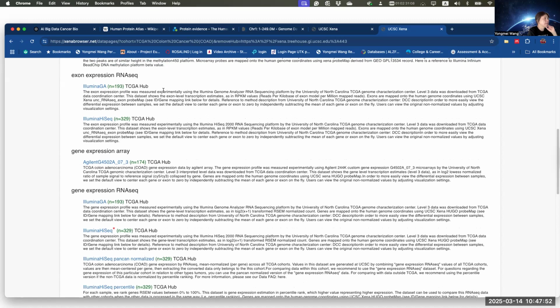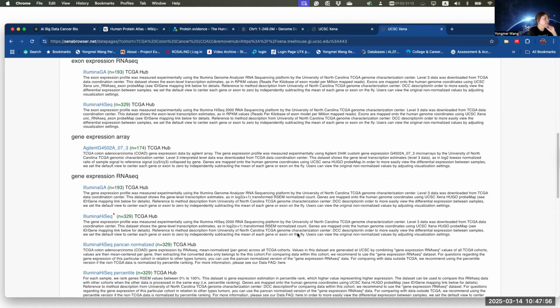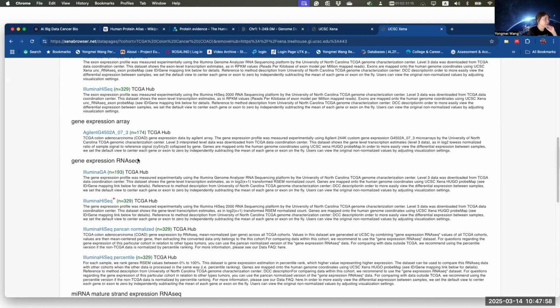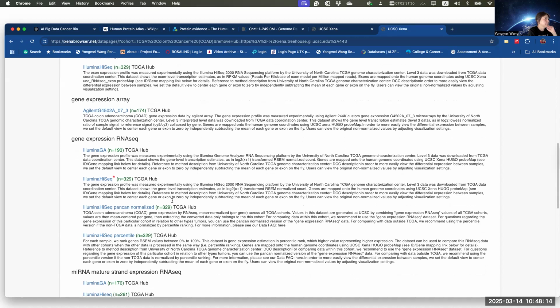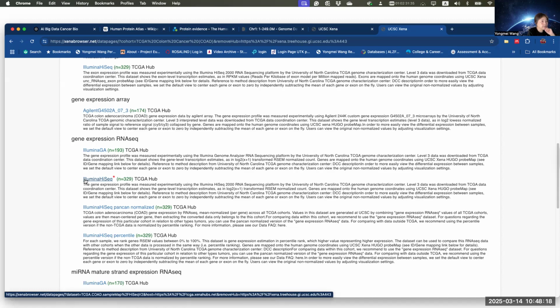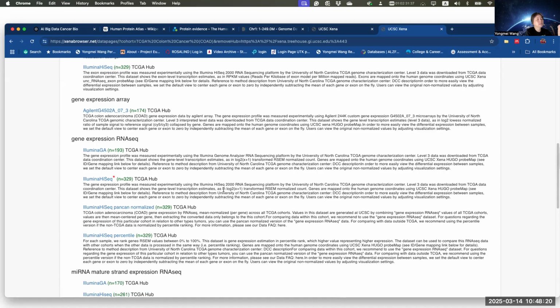I still did not figure out the difference between this one and that one. But in general, we use the gene expression RNA-seq data, the Illumina HiSeq. N equals 329 means they have 329 patients on TCGA hub. This is the one we use normally. These data are from RNA sequencing.